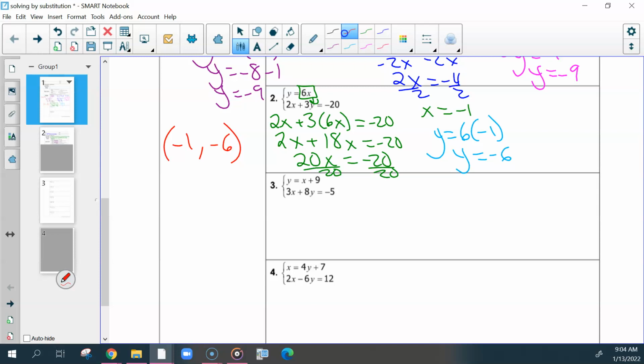Have any other questions, confusions we want to clear up? Let's try number 3. Do we have an equation that's solved for x or y? Yes, the first one. So we're going to take that expression, x plus 9. We're going to substitute it into the second one where y is.